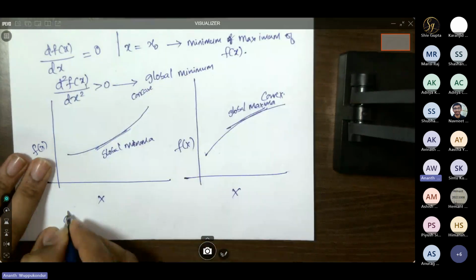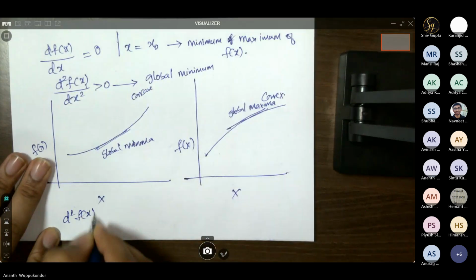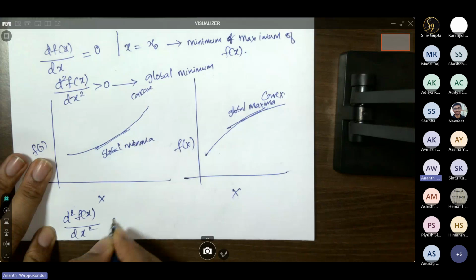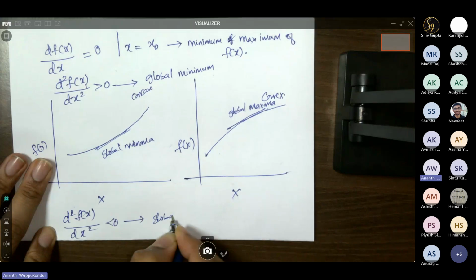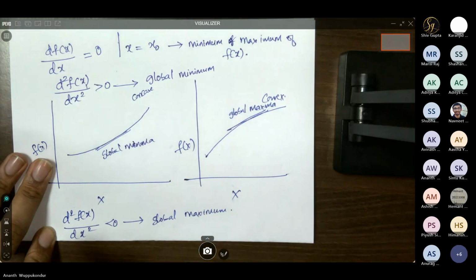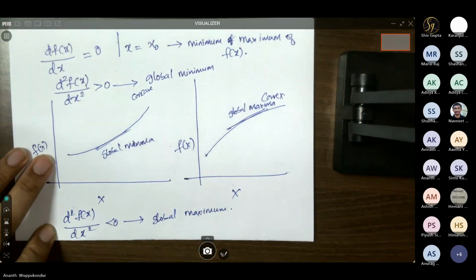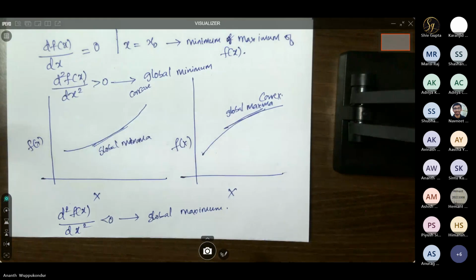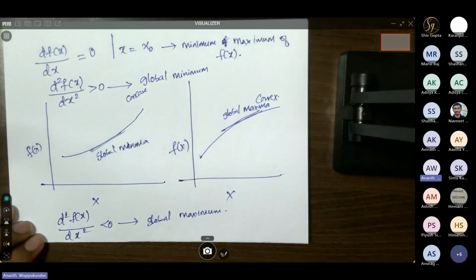And if your second differential is less than 0, then you would get a maximum. So this is how you would find out the minimum and maximum of a function f of x.